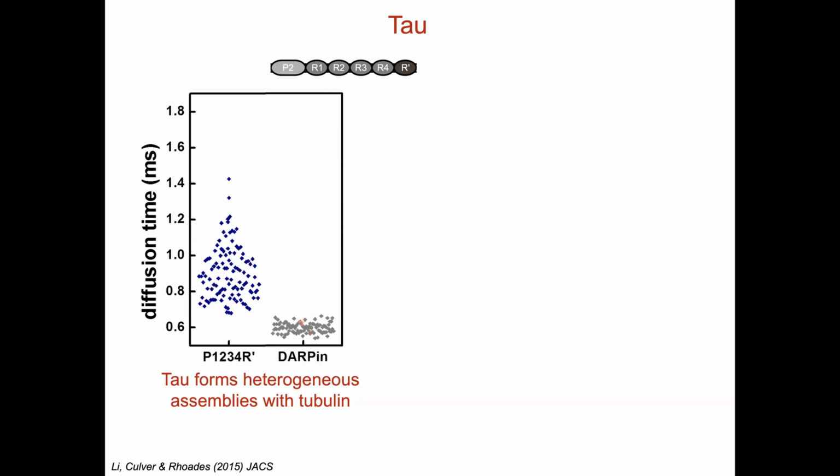So this tells you right away that the type of interaction between our tau construct and tubulin is very different. It's certainly not binding with 1-to-1 stoichiometry like the DARPin is. So our conclusion from here is that we're getting some sort of heterogeneous assemblies. And I will note that even though we're mixing tau and tubulin together, we don't have GTP present. So we're not seeing polymerization into microtubules, but simply the binding of these tau constructs to our tubulin dimers.